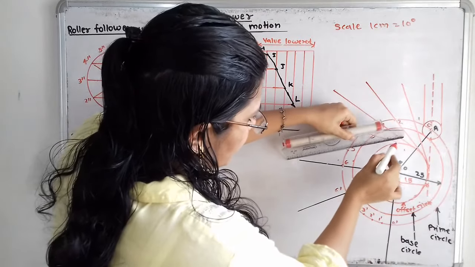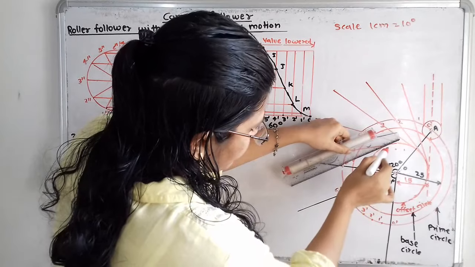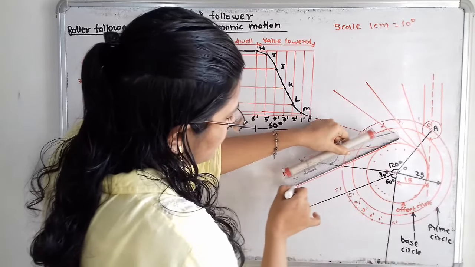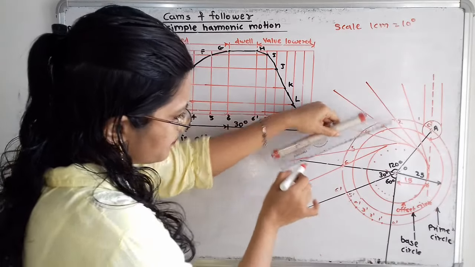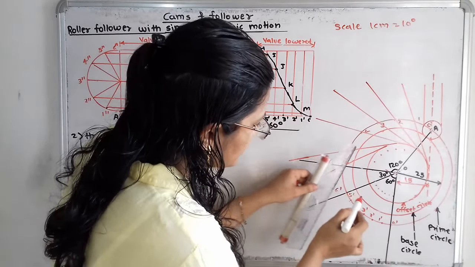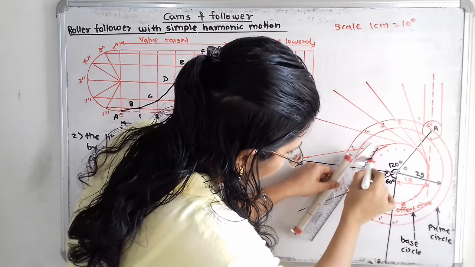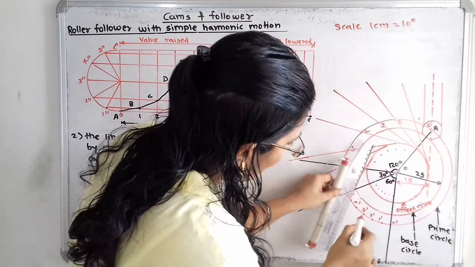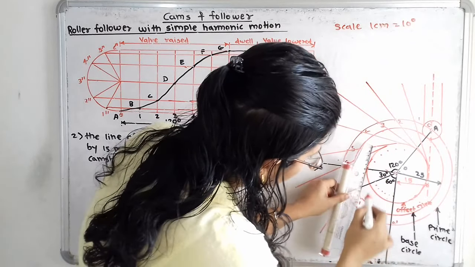So all are these tangents. In the same way, again for the 6 dash we will draw one tangent. So remember, tangent to the offset circle but passing through these points.